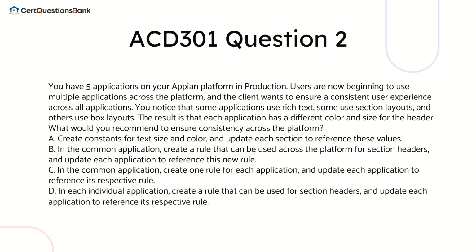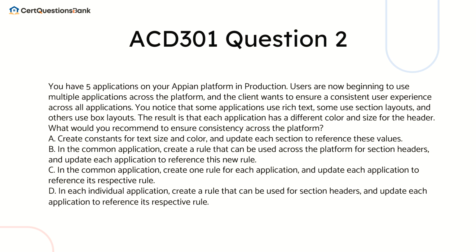A. Create constants for text size and color, and update each section to reference these values. B. In the common application, create a rule that can be used across the platform for section headers, and update each application to reference this new rule.